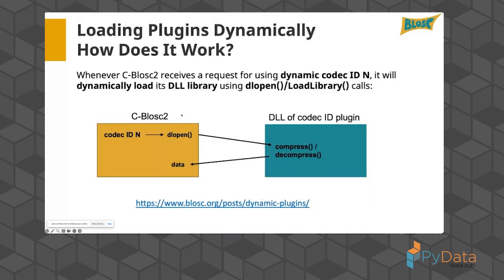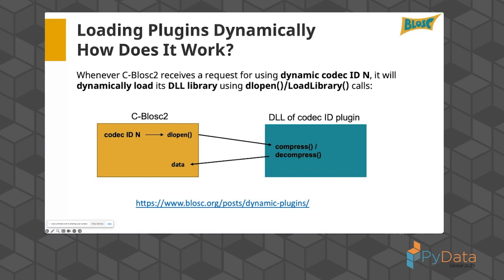So how does it work? Whenever C-Blosc2 receives a request for using a dynamic codec ID that is not registered locally, it will dynamically load the dynamic library. So here is the C-Blosc2 library.